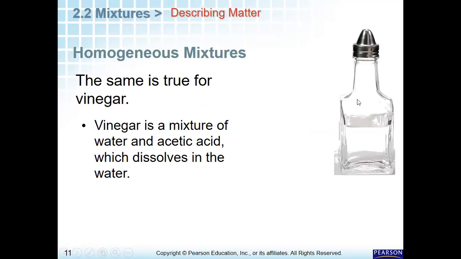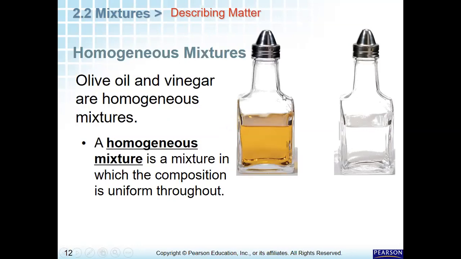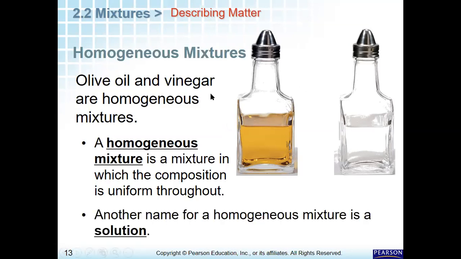So you cannot recognize or differentiate between the particles even here. So olive oil and vinegar are homogeneous mixtures, as the composition of each is uniform throughout it. All of the components are distributed in such a uniform way that you cannot differentiate between them. And in another term, we can call the homogeneous mixture a solution.